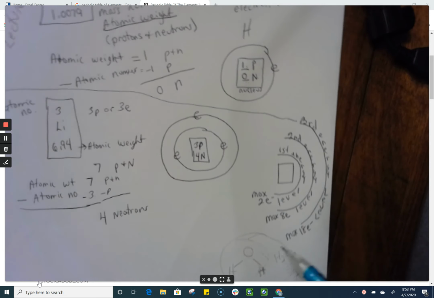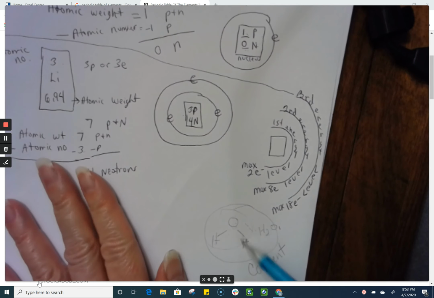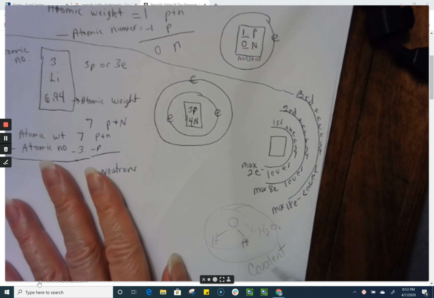Because the electrons are being shared and they're dealing with the electrons in the outer energy level. And there's a special name attached to the electrons in the outermost energy level. They're called valence electrons. So when you have a covalent bond, it's atoms sharing electrons.